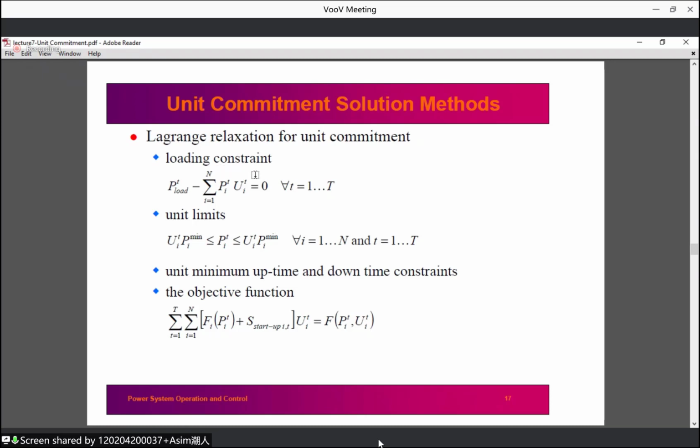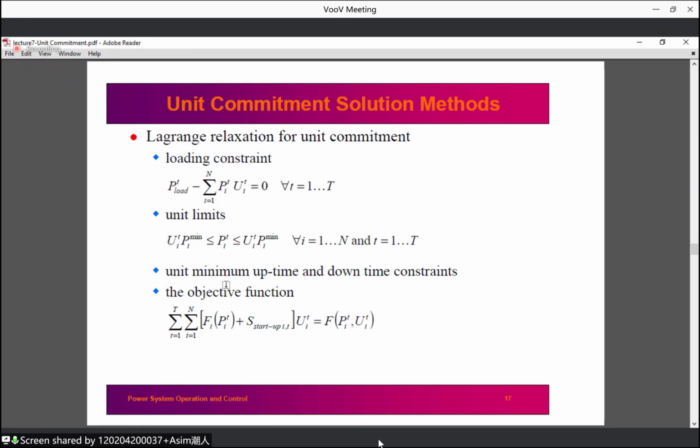Now we can define several constraints from the above variables of the unit commitment. These are the loading constraints, for t equal to 1 up to T, and for the unit limits, this is the equation. We will get different values and functions from these equations.